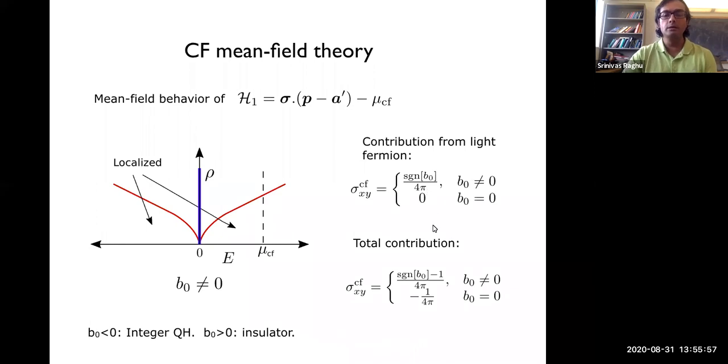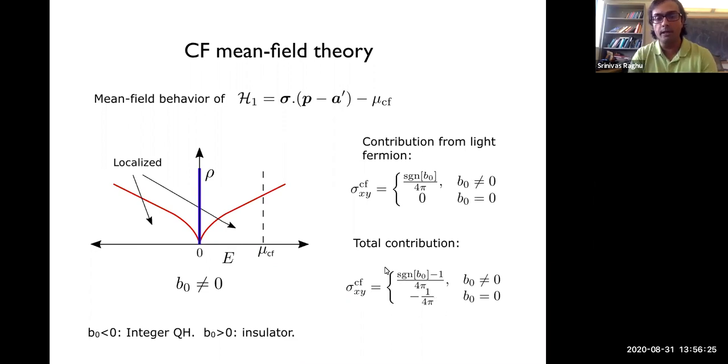But then when we include the massive partner, the UV regulator partner, that always generates a -1/2 in units of 1/2 pi. So on this phase boundary, for positive magnetic field, the Hall conductance is 0. So that's the insulator of composite fermions. For negative magnetic fields, the Hall conductivity is -1/2 pi. That's an integer quantum Hall state of composite fermions.